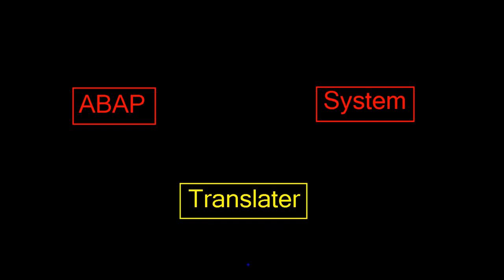Whenever we enter the T code SU01, the T code is received by the translator and converted into system-understandable language. Then only we get a window.